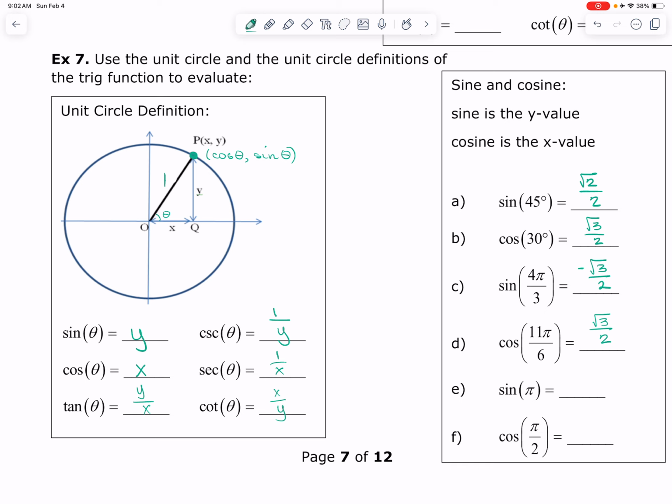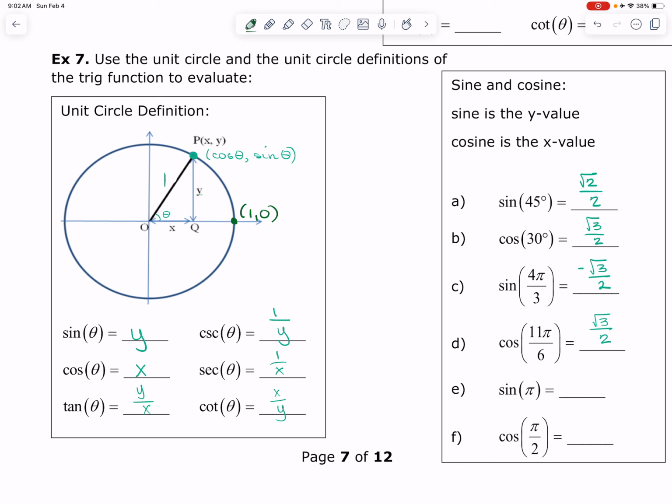Sine of pi, and this is where it gets a little tricky. The one thing that we haven't talked about a whole lot is the fact that if this is a unit circle, I can label these points that fall on the axes.